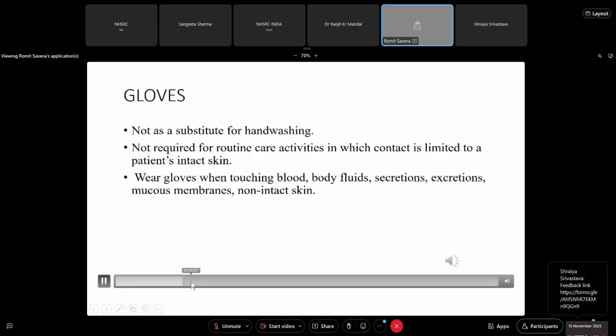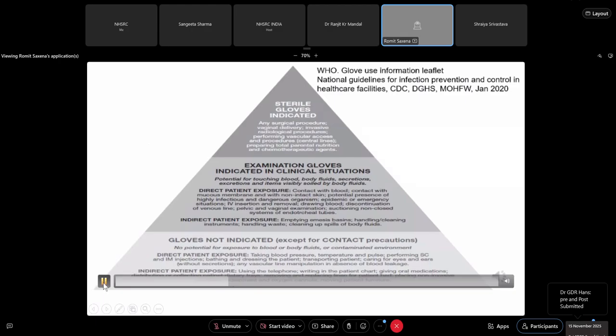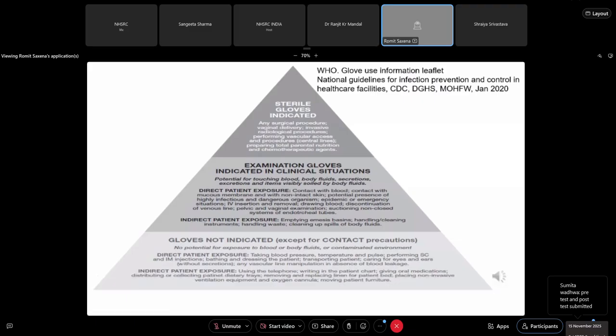Remember, this is a WHO triangle. Often people use sterile gloves for everything. No. When you're having direct patient contact, remember in what indication the sterile glove is needed and in which indication you can use an examination glove.